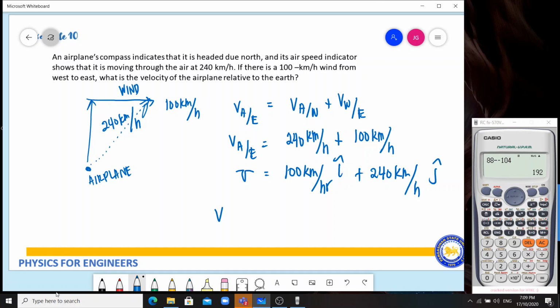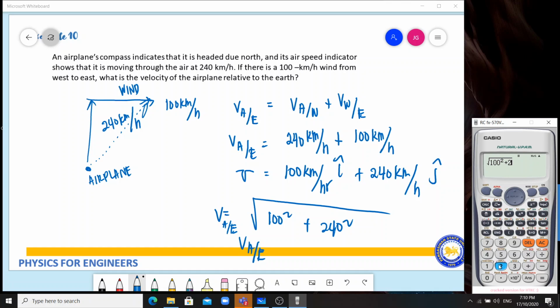So, makukuha natin si velocity ng air with respect to the earth as 100 squared plus 240 squared, 'di ba? Kasi naging vector siya eh. So, mangyari dyan is 100 squared plus 240 squared.